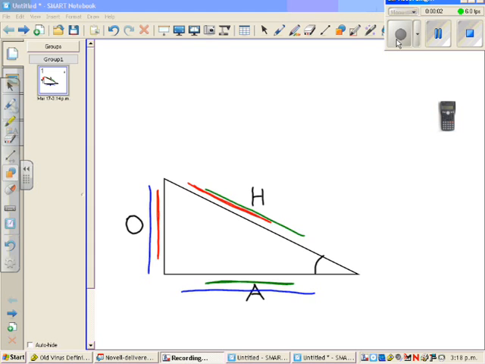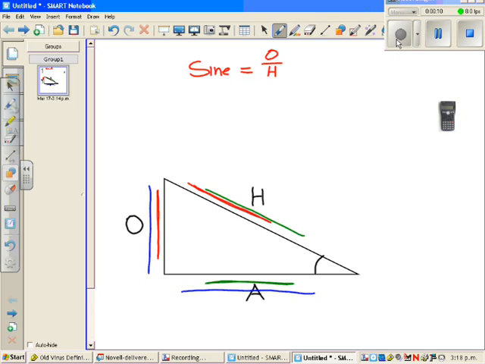Right, we're going to look at the labels for these three ratios. The first ratio we call the sine ratio, and that equals the opposite over the hypotenuse. So when we're doing sine, we're comparing the opposite and the hypotenuse and come out with a ratio. The next ratio is the cosine ratio, and that equals the adjacent over the hypotenuse.